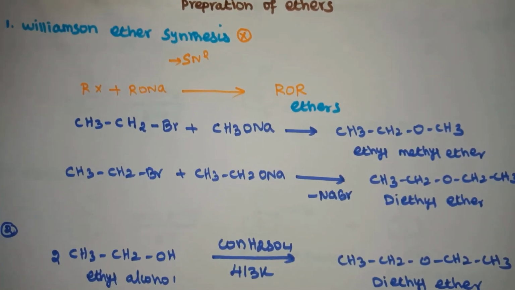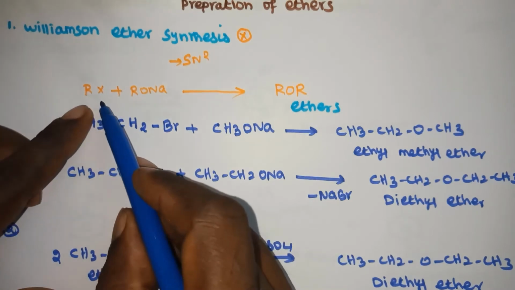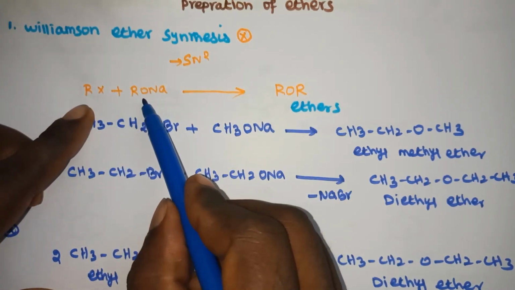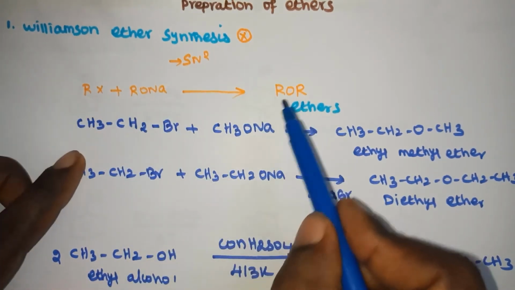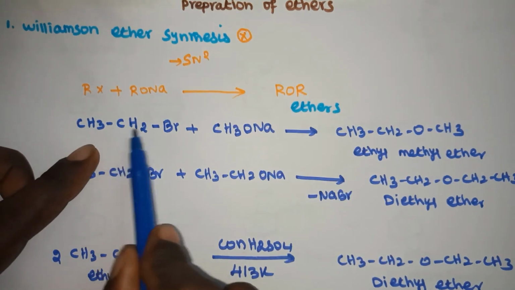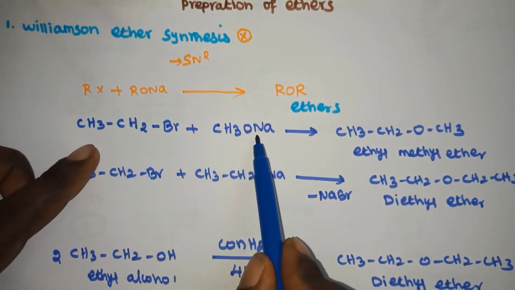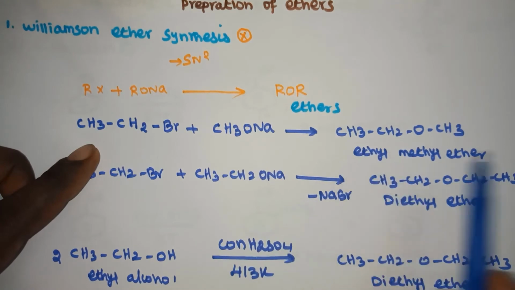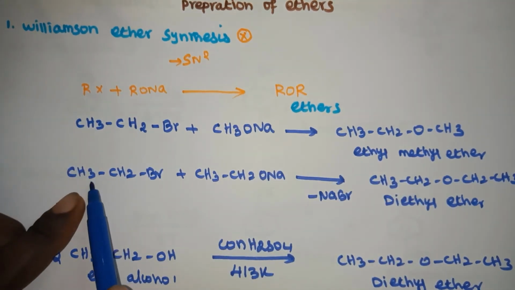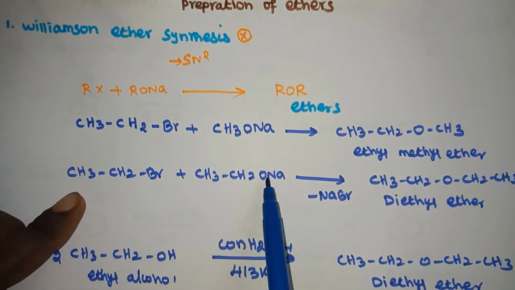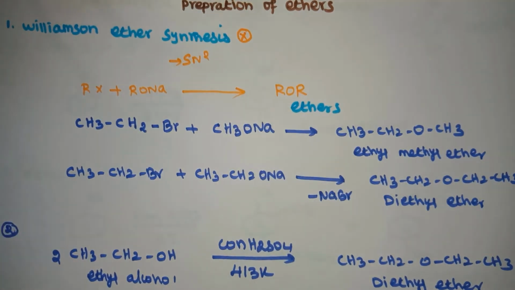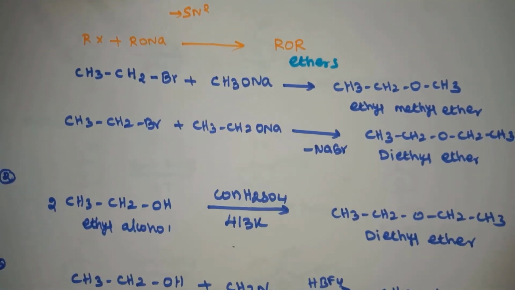Preparation of ethers, three methods are given. First method, Williamson ether synthesis. When alkyl halide is heated with alcoholic solution of sodium alkoxide, ethers are formed. First example, ethyl bromide reacts with sodium methoxide to form ethyl methyl ether. Second example, ethyl bromide reacts with sodium ethoxide to form diethyl ether.